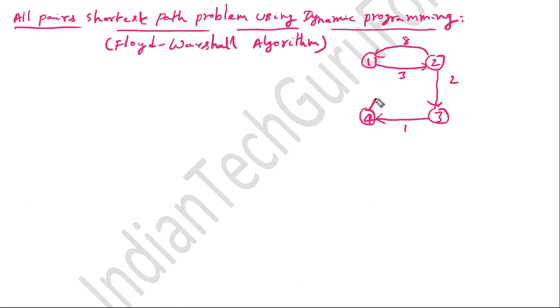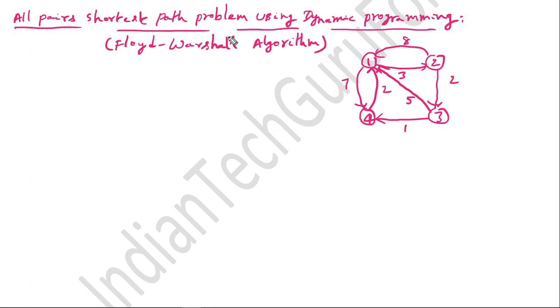From 4 to 1, the weight is 2. From 1 to 4, the weight is 7. So this is the given graph, and there is one more edge from 3 to 1. From 3 to 1, the cost is 5. So this is the given directed weighted graph.